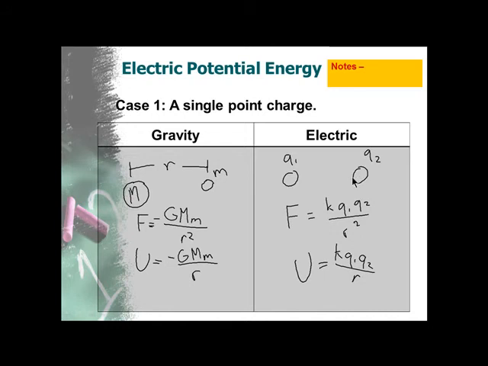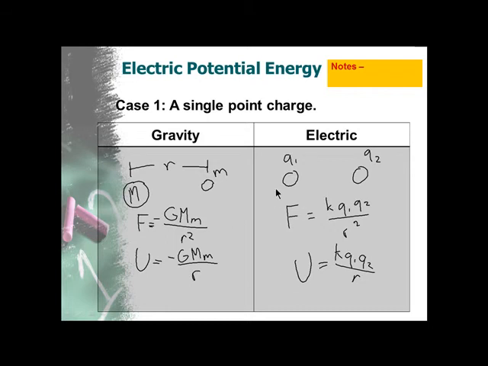So the amount of potential energy that this charged particle has due to the electric force only depends on the distance between the two charges and the magnitude of the two charges themselves, just like gravitational potential energy only depends on the big mass and the little mass and the distance between them.